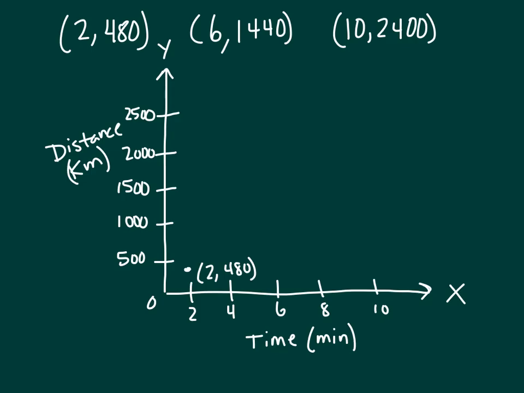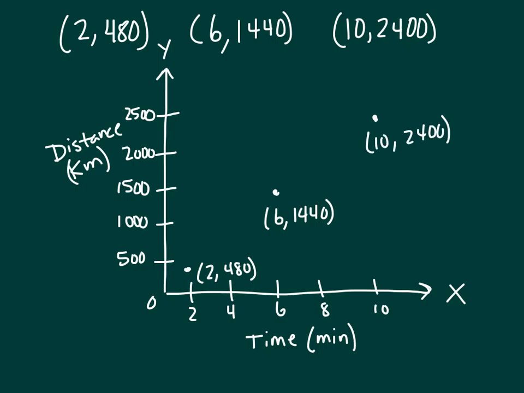Then I have 6 minutes, 1,440 kilometers, so a little bit below the 1,500 mark. 6, 1,440. And then my last one was 10, 2,400, so I'm going to go all the way up to almost my 2,500.